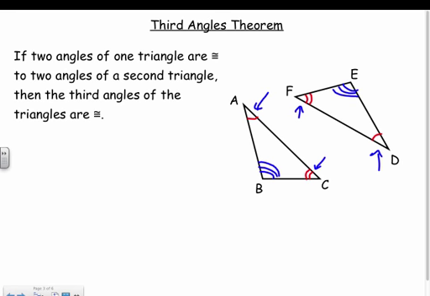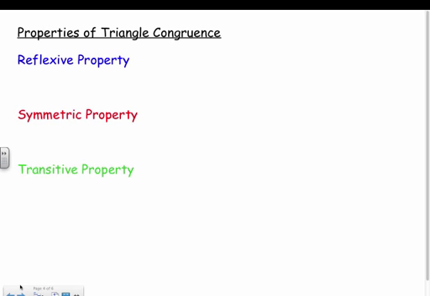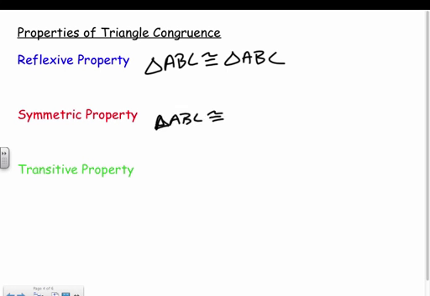So let's use this. Before we use that, the same properties that we've done before, I can use them for triangle congruence. So reflexive property, I can say a triangle is congruent to itself. Symmetric, if a triangle is congruent to another triangle, I can flip it around. DEF is congruent to triangle ABC, right?